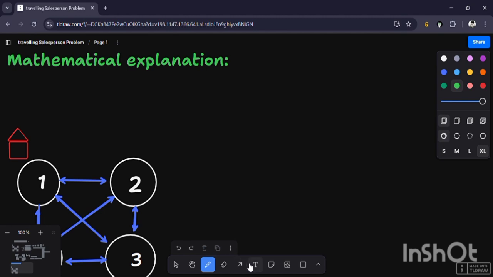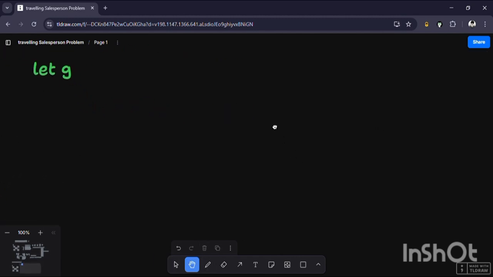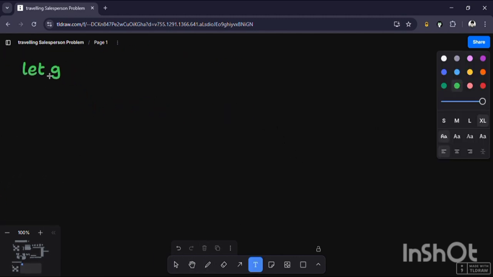Now let me create a function which will give me the minimum cost and the path also. The function is g of I comma s.